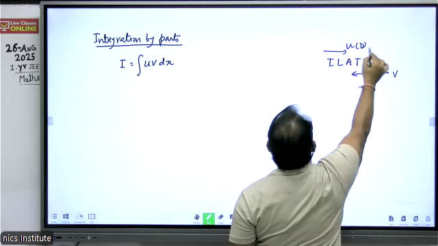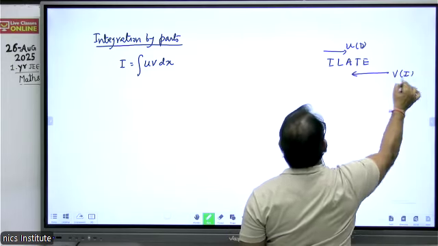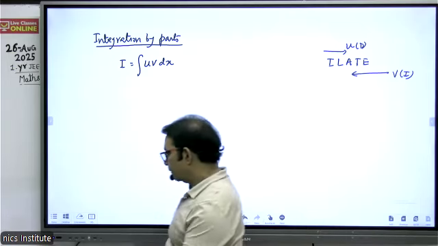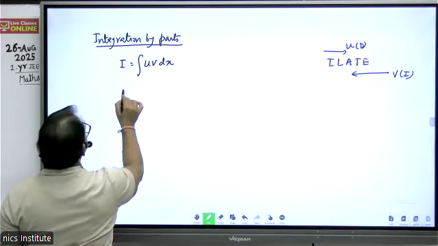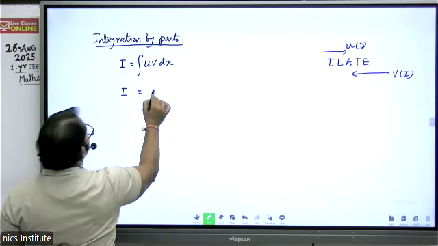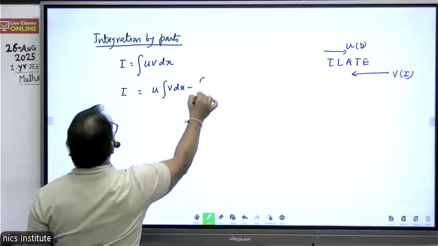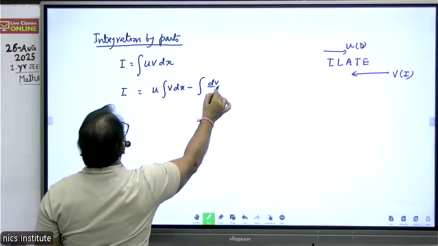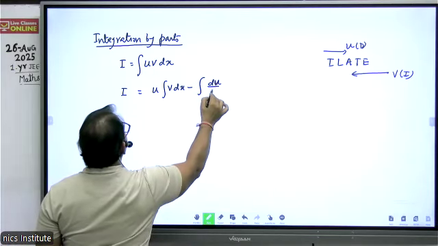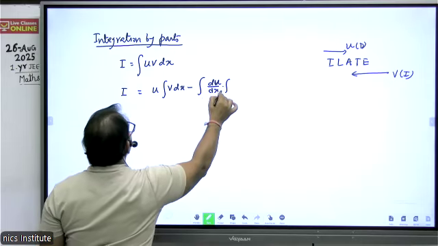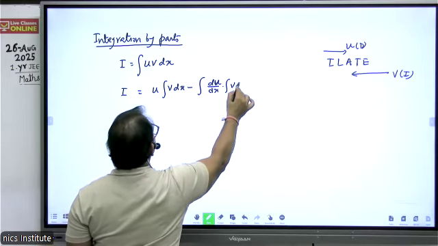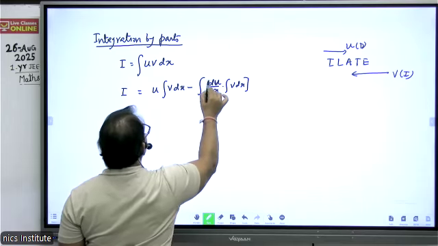So this you differentiate, this you integrate. And the formula for the same is u into integral of V minus integration of differentiation of du by dx into integral of v dx, the whole integration.